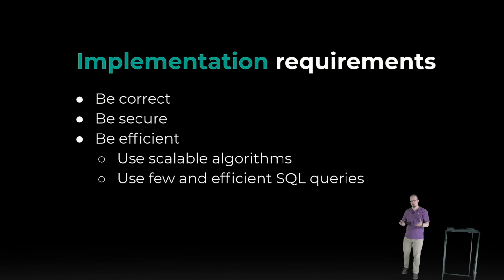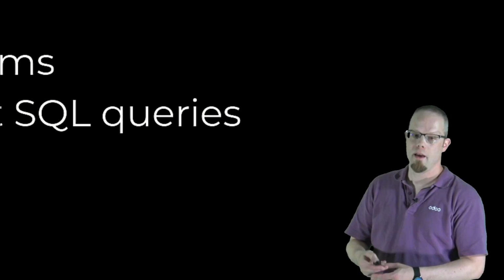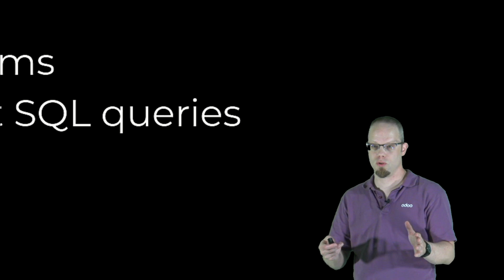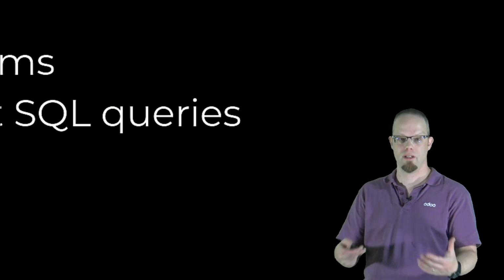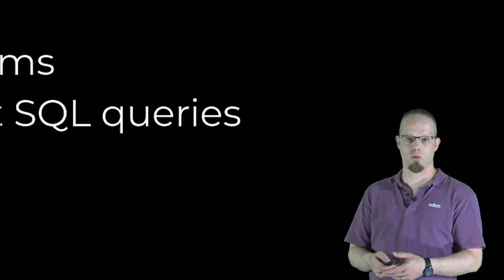The data structures and all the code of the ORM is also heavily influenced by efficiency requirements. We expect, of course, the ORM to be as efficient as possible, and that is, we have to use data structures and algorithms that scale well for large data, and we expect also to use as few SQL queries as possible to perform an operation.